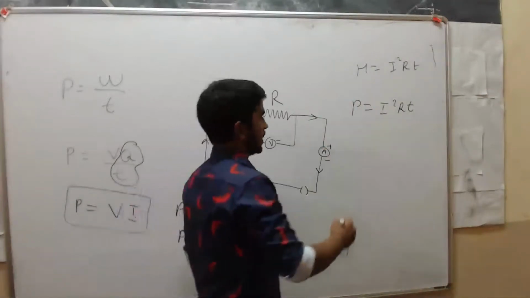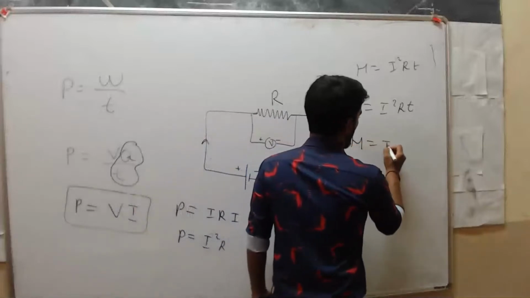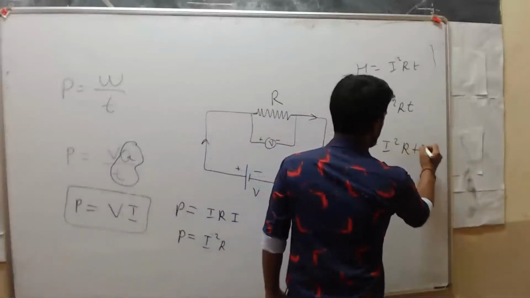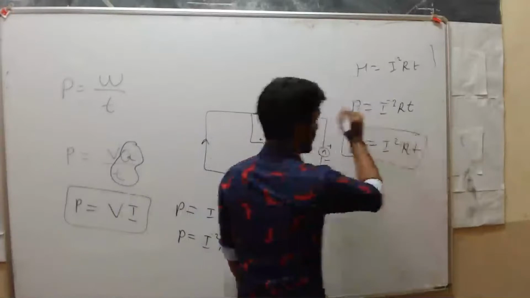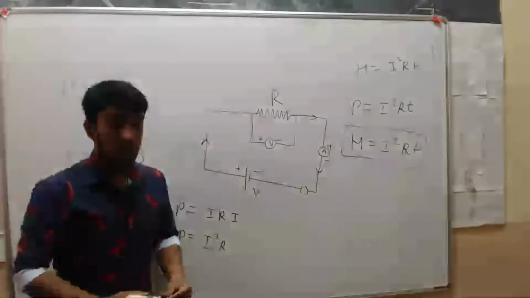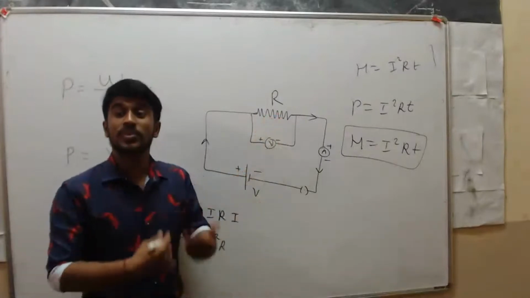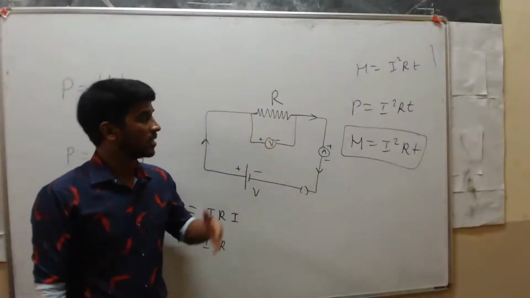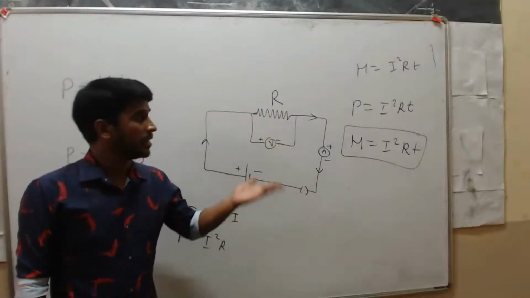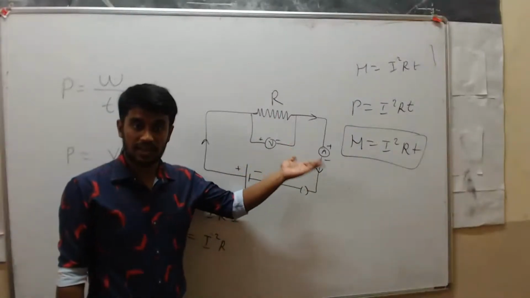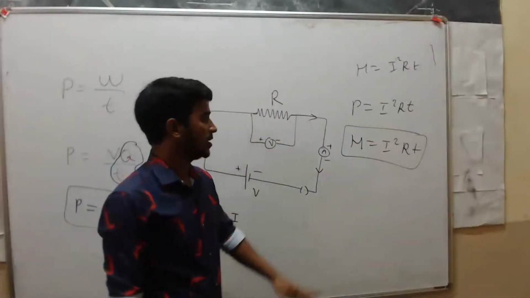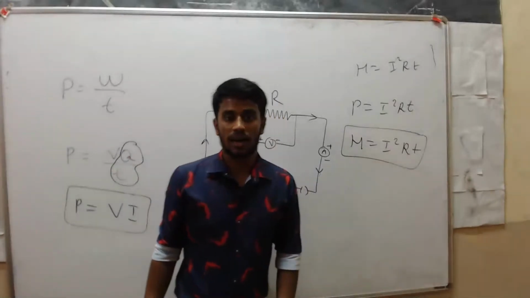That's why we can write H is equal to I square into R into T. Here we are using this conductor just to develop heat, so the entire power is dissipated in that conductor as heat.